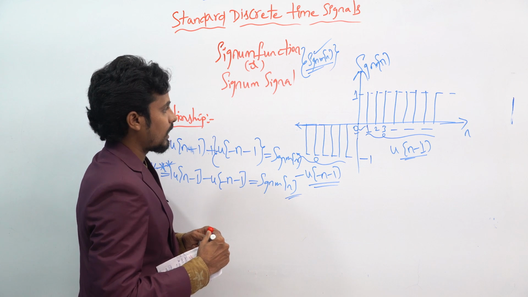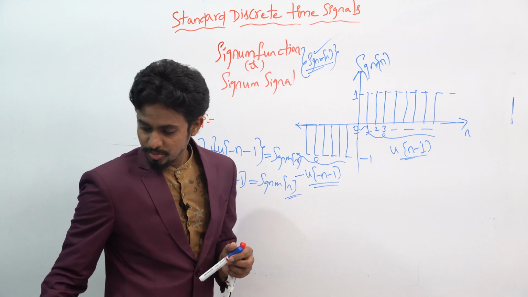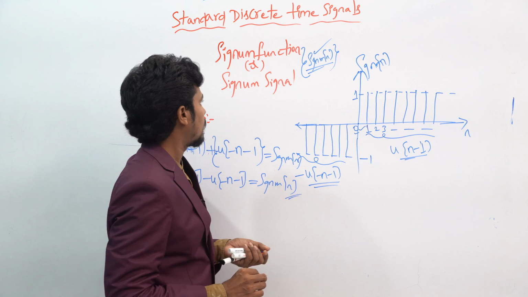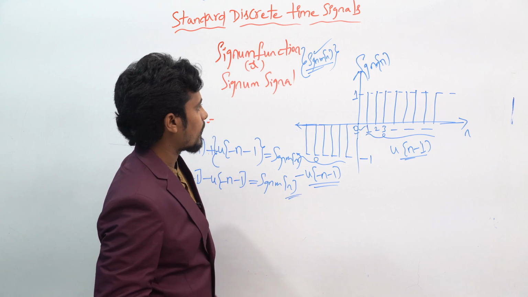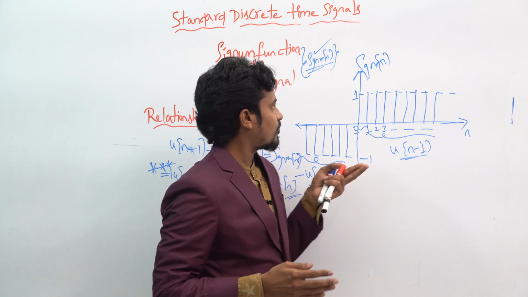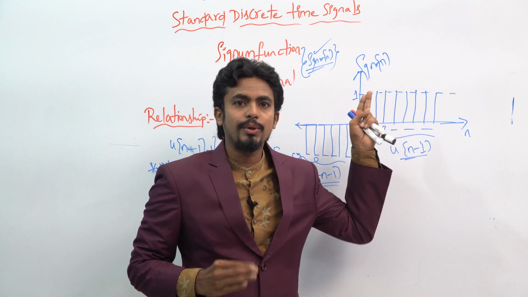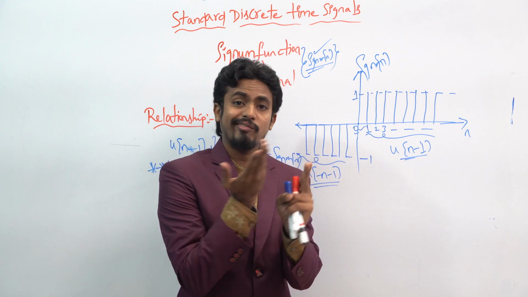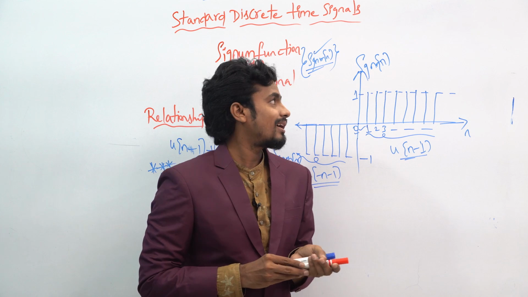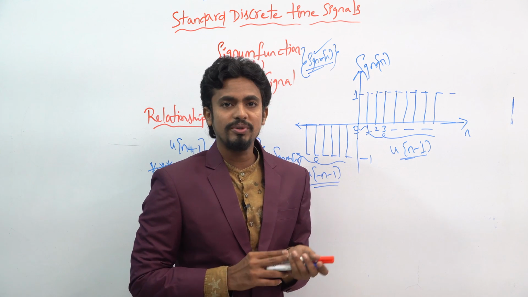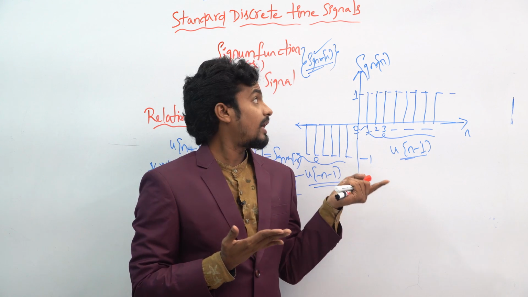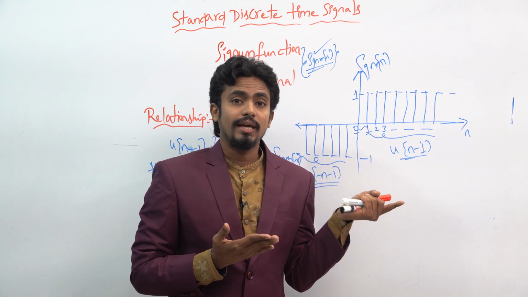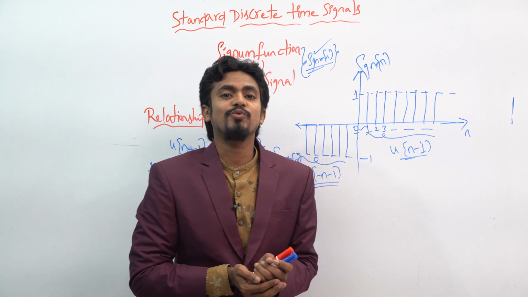If you want to tell whether this signum function is an even function or an odd function, how can you tell? Just take x of n as the signum of n, and you have to take the reversal, minus x of minus n. You check what will happen for minus x of n and minus x of minus n.